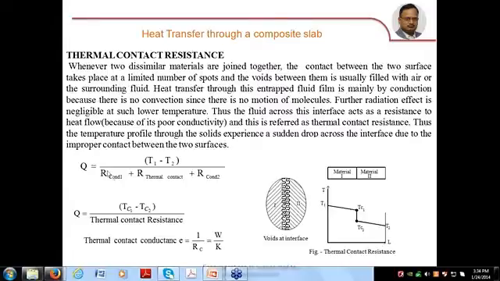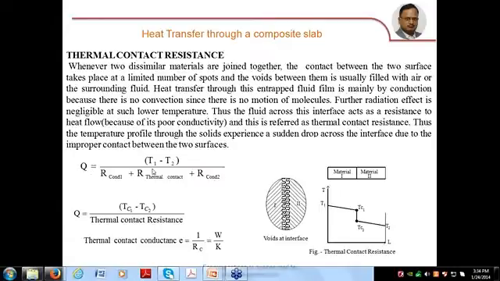So therefore, Q is equal to delta T by R total, T1 minus T2, and between these 2 points, T1 and T2, the total resistance is R conduction of the first material and R thermal contact resistance and conduction resistance of the second material.